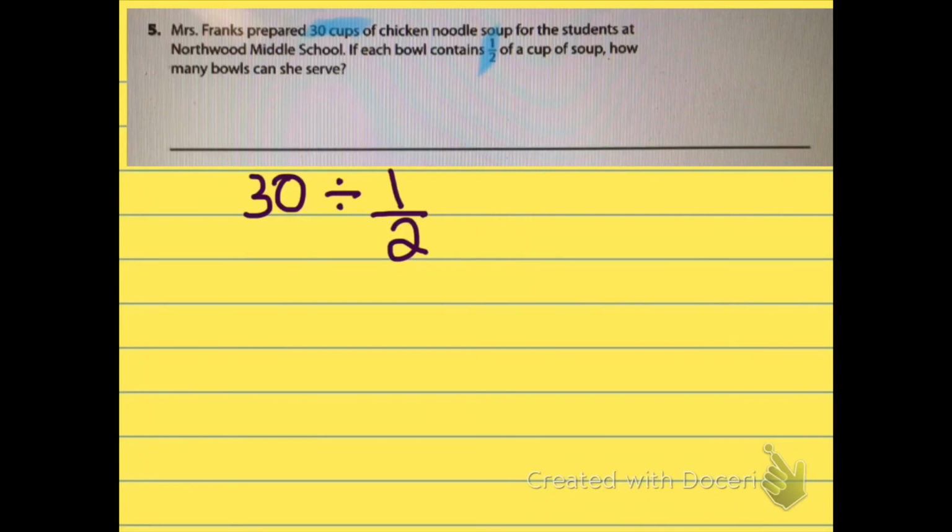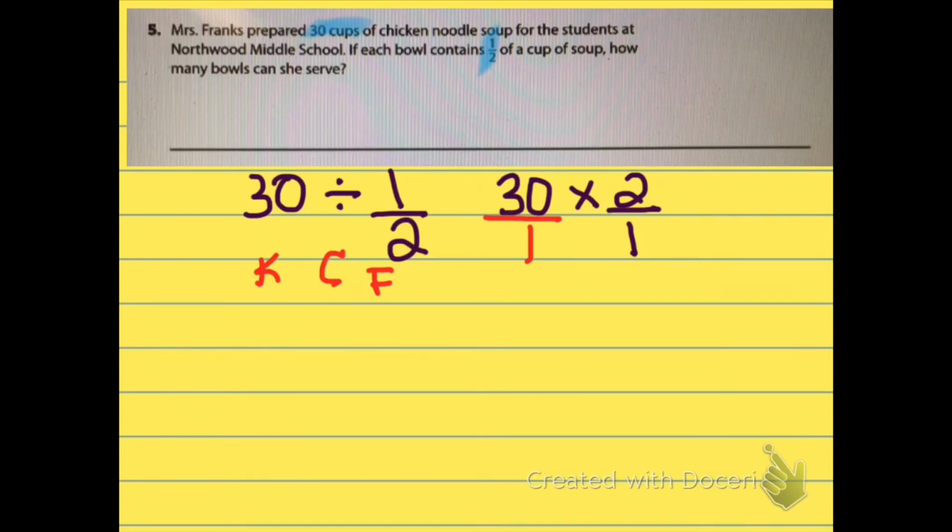Okay, so let's use our strategy of keep, change, flip. That C is a little off-centered. Keep, change, flip. And when we do that, we get 30 times 2/1. Okay, don't get scared now. You know from the last lesson that when you have a whole number that needs to be multiplied, you put it over 1. No problem.